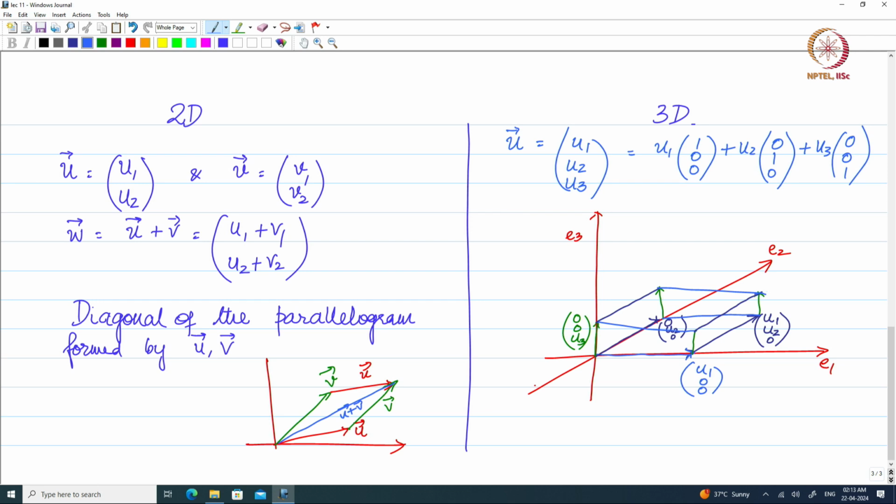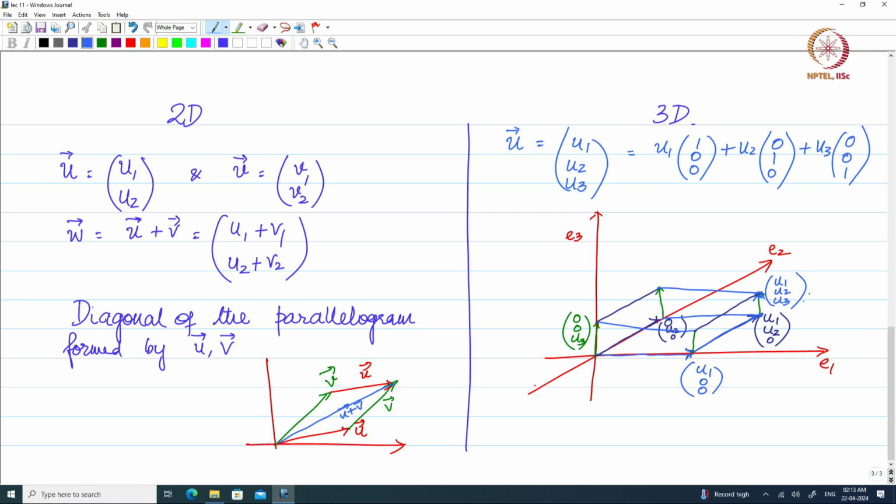So, what does this look like? I have gone from u1 0 0 and I have added this vector, 0 u2 0, and when I get that resultant vector, I add this vector 0 0 u3. So, this is going to be the vector u1 u2 u3, that is the resultant vector.